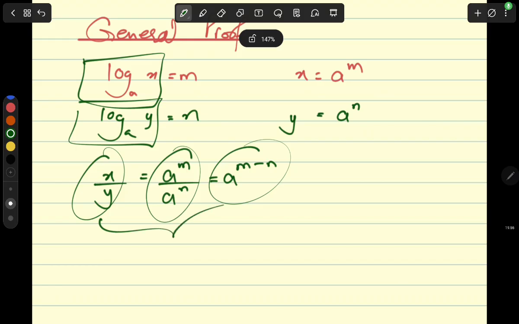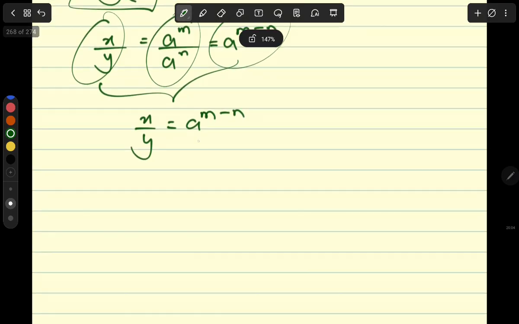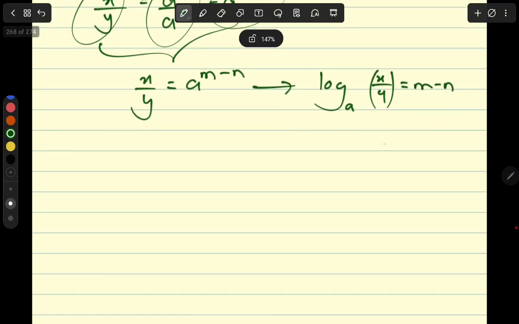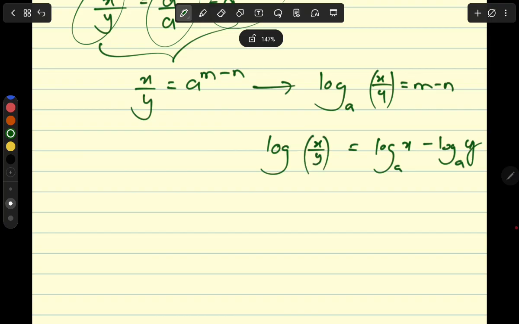So x upon y is equal to a power m minus n. So I can also convert this into the logarithmic form so that this becomes log of x upon y to the base of a is equal to m minus n, and we already had m as log x to the base of a, and n was log y to the base of a, right? The order matters in division and in subtraction, as you already know. So here is the general proof for the quotient rule.